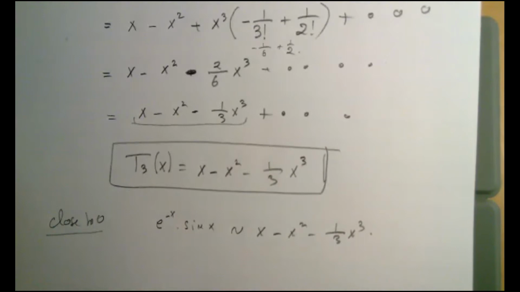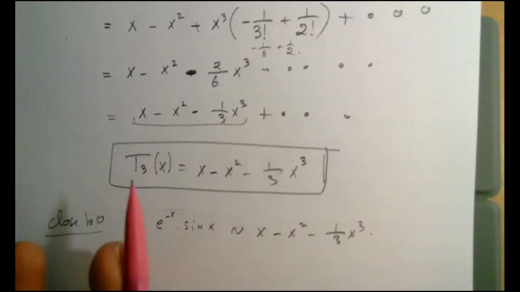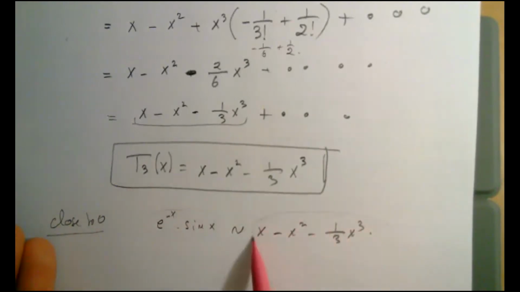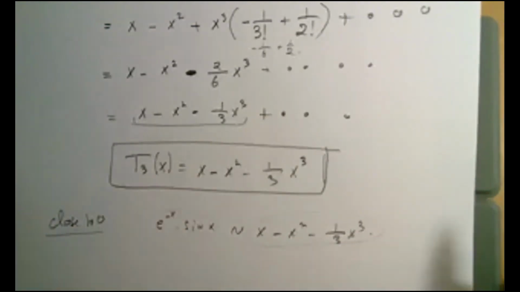I will be able to approximate it, but I need more terms than the third degree Taylor polynomial. So the way we use those ideas is depending on how close we are to 0: the closer we are, the polynomial with lesser degree we need. The farther away we are, we need a polynomial of higher degree. In this case, we move to a Taylor polynomial at a different point. Okay? So that's really the idea.